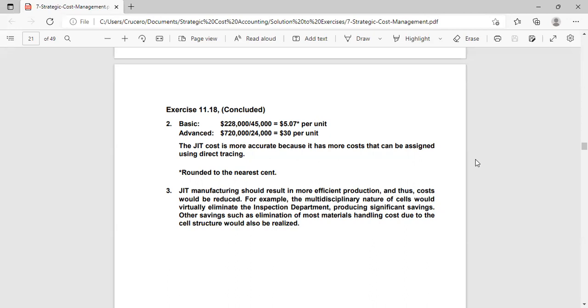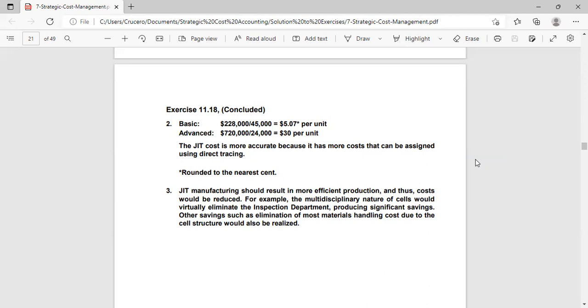So you are now given 45,000 basic units produced and 24,000 units advanced. In requirement number 3, note that the total overhead costs for the cell structure are lower. Explain why. JIT manufacturing should result in more efficient production and thus cost would be reduced.